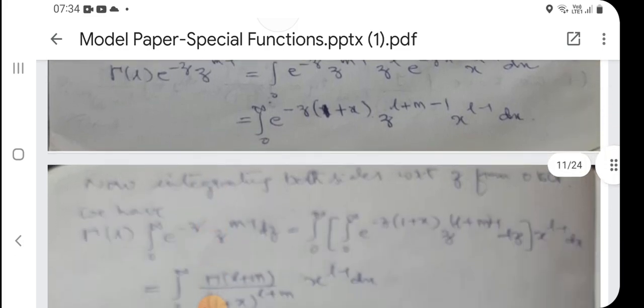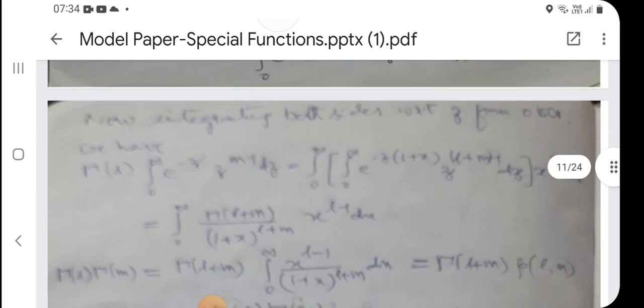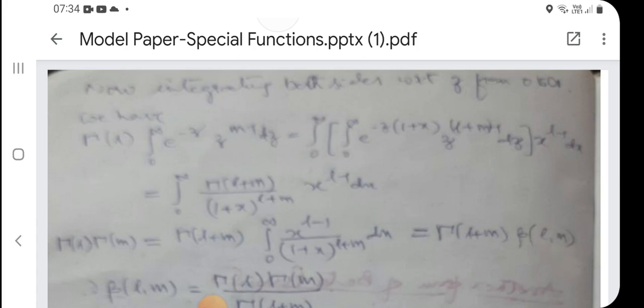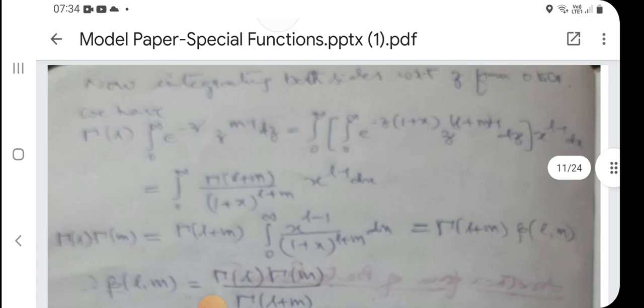Now integrating both sides with respect to z from 0 to infinity, we have gamma L into integral 0 to infinity e power minus z into z power m minus 1 dz equal to integral 0 to infinity integral 0 to infinity e power minus z into 1 plus x into z power L plus m minus 1 dz into x power L minus 1 dx.